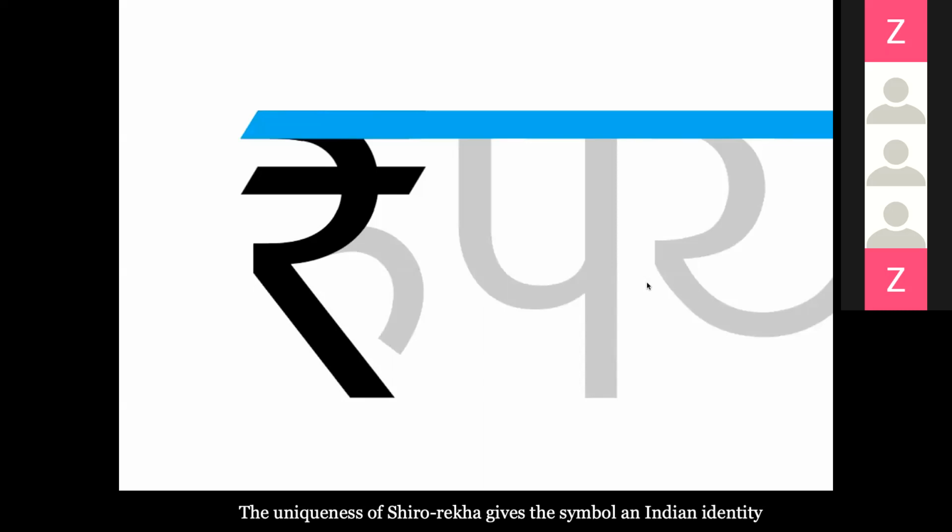All the other scripts across the world most often use this baseline. Unlike them, Devanagari is the only script which uses the top line; it hangs from the top line and does not sit on a baseline. That is one of the unique features in terms of its writing system. So from the writing point of view and the visual characteristics point of view, the Devanagari script has very unique characteristics.